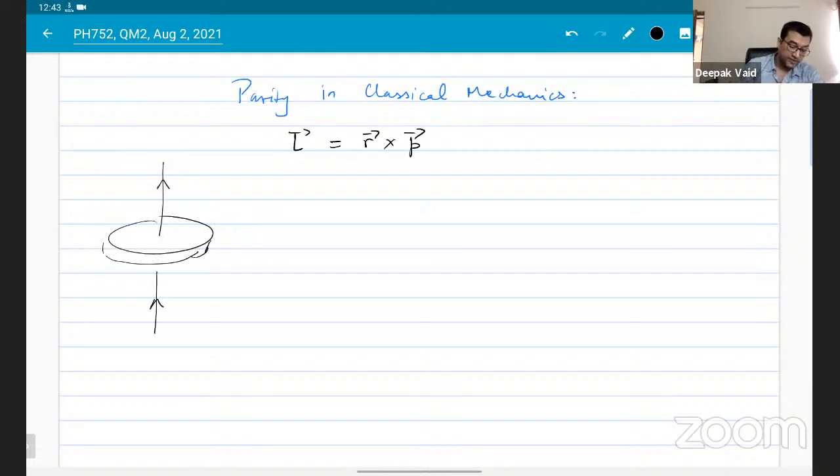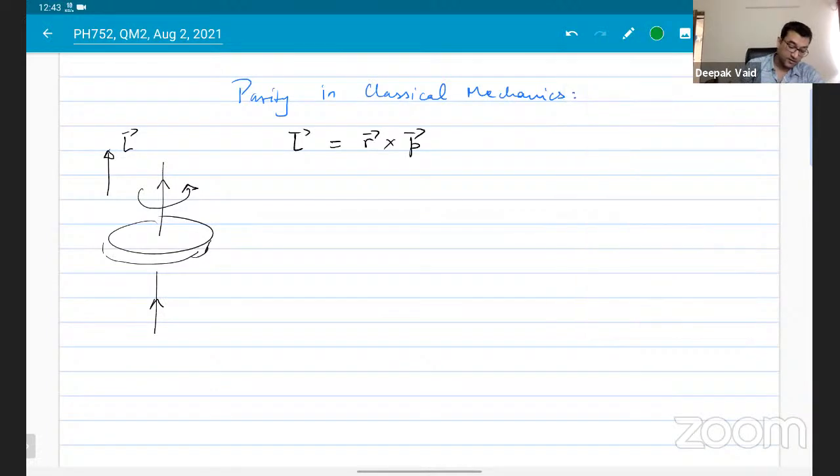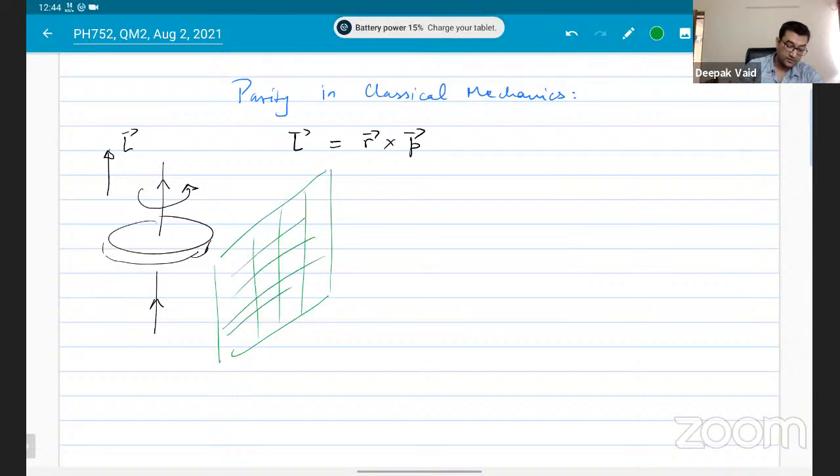I would say that the angular momentum points in this positive upwards direction, along the z-axis. Now, let's say there is a mirror, and I take a reflection of this object in that mirror.